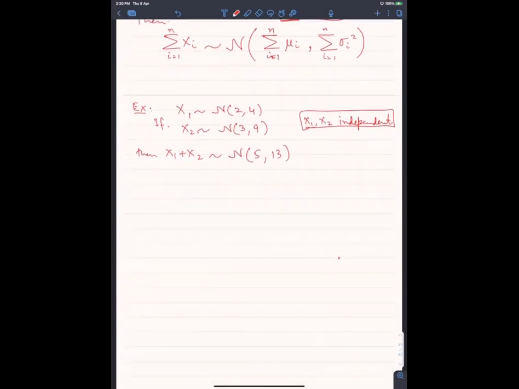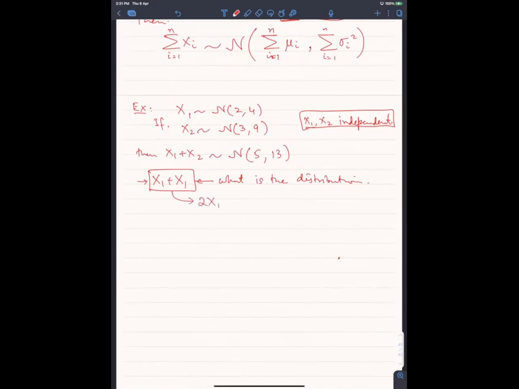So let's take an example of that too. Let me find out x1 plus x1. What is the distribution of x1 plus x1? This is really 2x1.